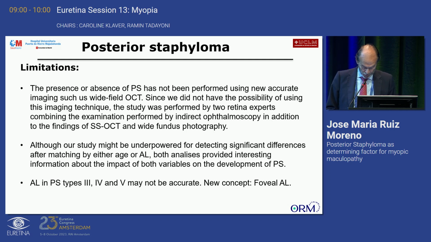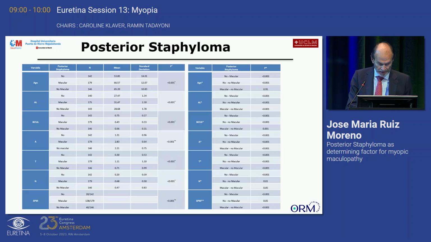Axial length in posterior staphyloma types 3, 4, and 5 might not be accurate. For this reason, we reanalyzed our patients performing 3 groups: the group without posterior staphyloma, the group with macular staphyloma, and the group without macular staphyloma.